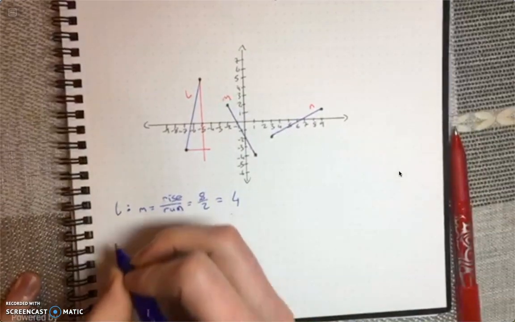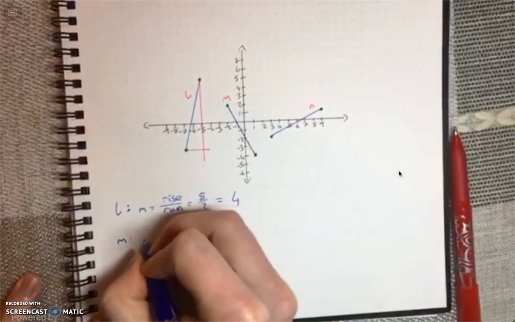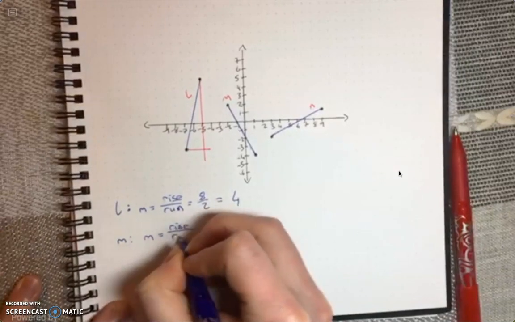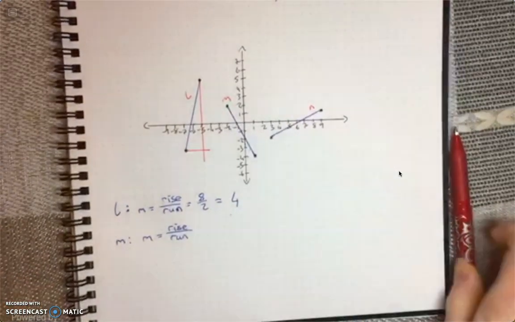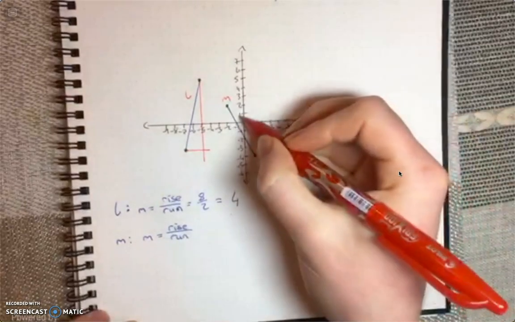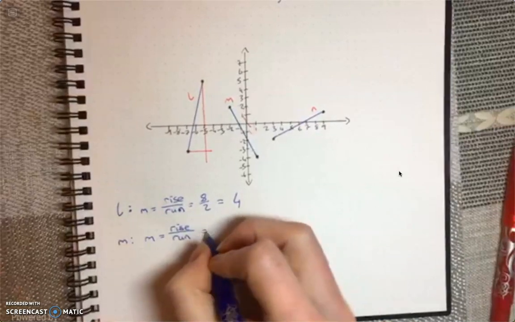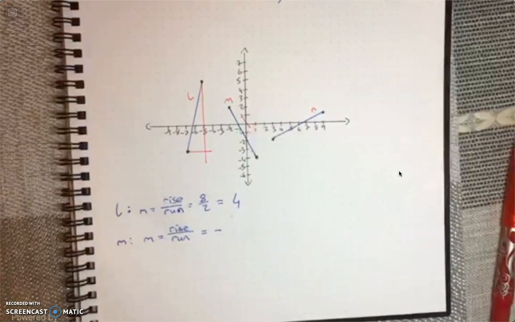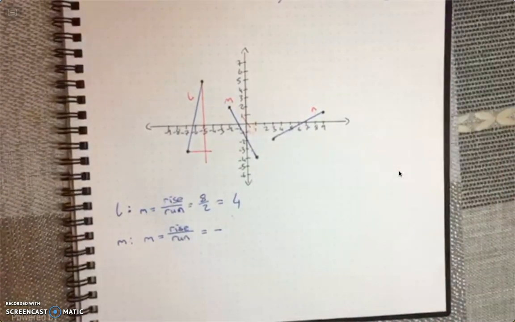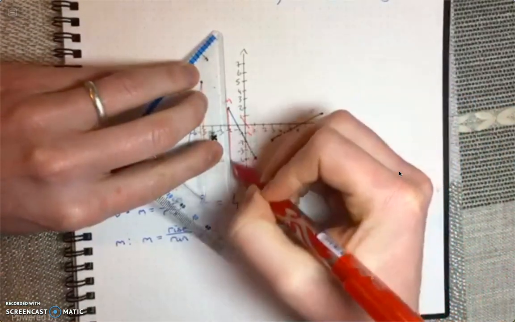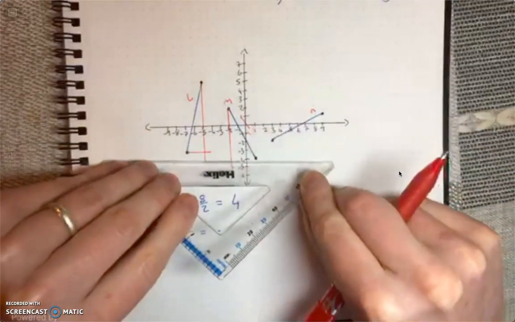Now for M, just be careful, because if we look at M, it's going down the way. So see how it's going down the way from left to right. That means it's going to be a negative slope, okay? And now we do the same method. So I draw a line vertically, and then I draw a line horizontally.